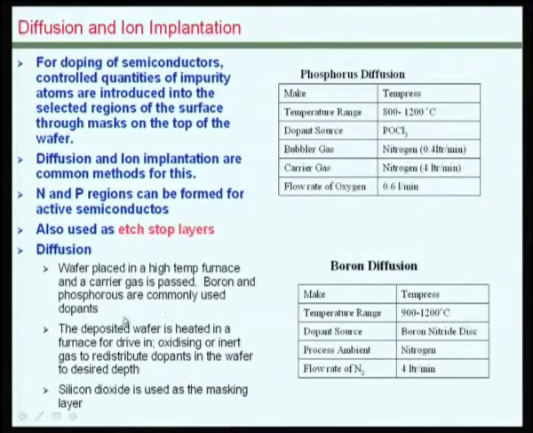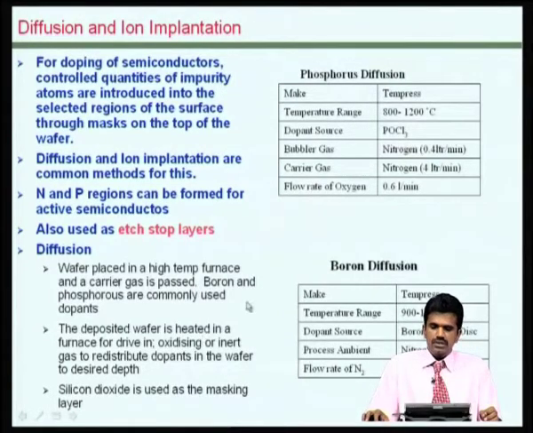After that, we do a process typically known as drive-in, which includes some kind of oxidation or inert gas atmosphere, which helps in redistributing the dopant into the surface of the wafer, to some depth of the wafer, so that we can have a uniform coverage to certain depth on the wafer.